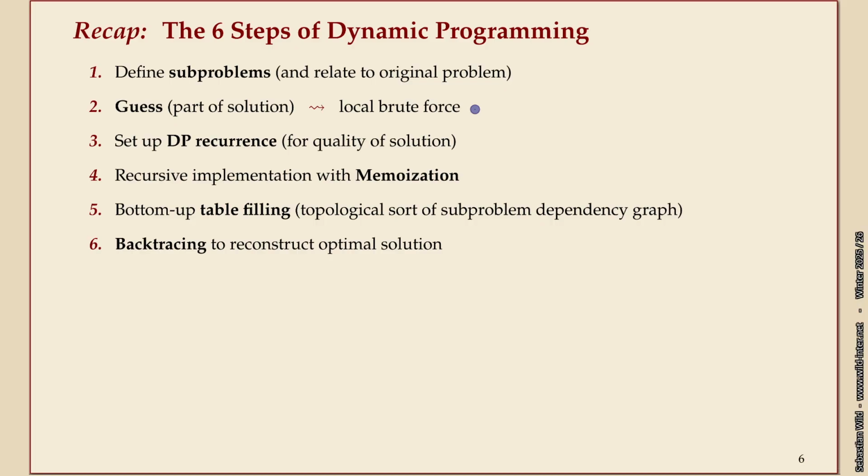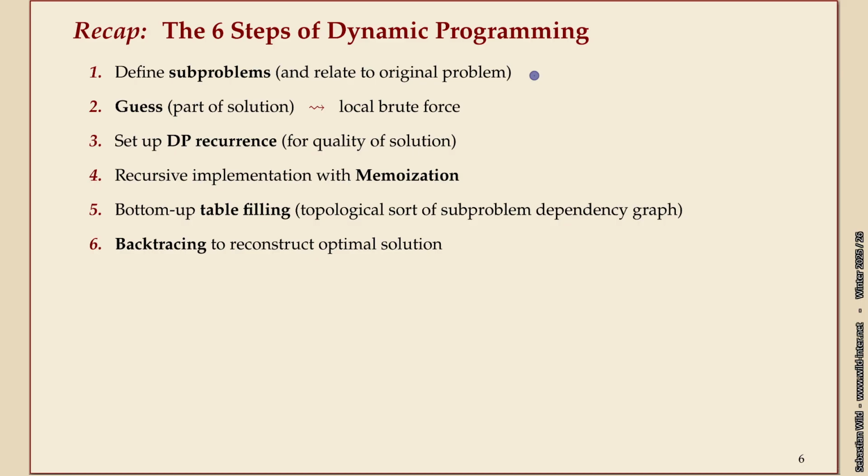Then to make progress, we do a local brute force step, which usually means guessing one part of a solution, but then trying all possible guesses. And from these 2 things, we can formulate a recurrence for the cost of the solution, or the quality of the solution in general.